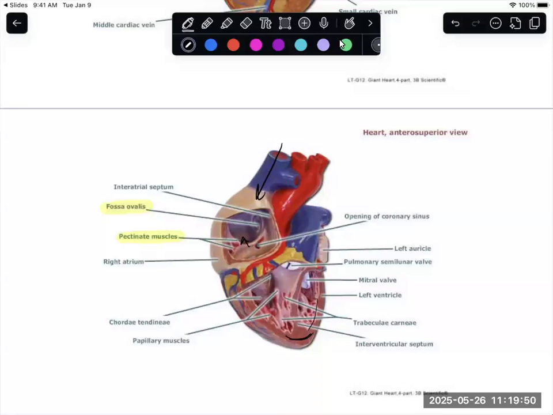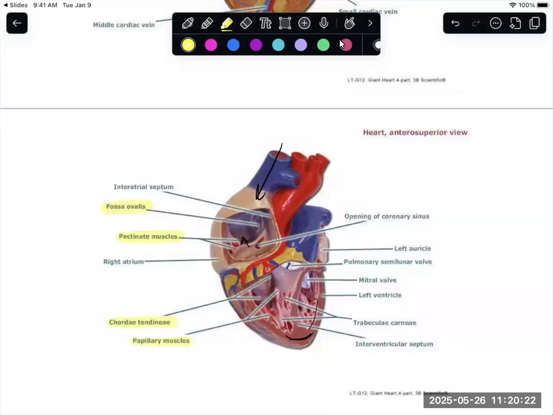In this ventricle, you can't see it from this view. I've got some other views where we can see it. We've got valves that separate the atrium from the ventricles. These valves are held in place by little cords known as chordae tendineae. These chordae tendineae are held in place by papillary muscles. These little muscles that the cords attach to help the valves stay where they're supposed to.